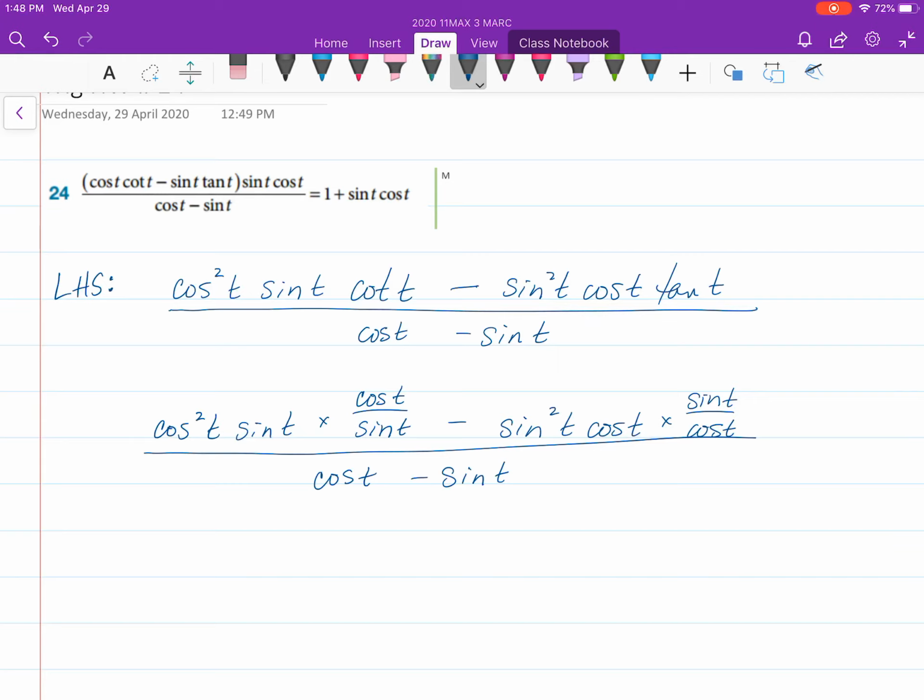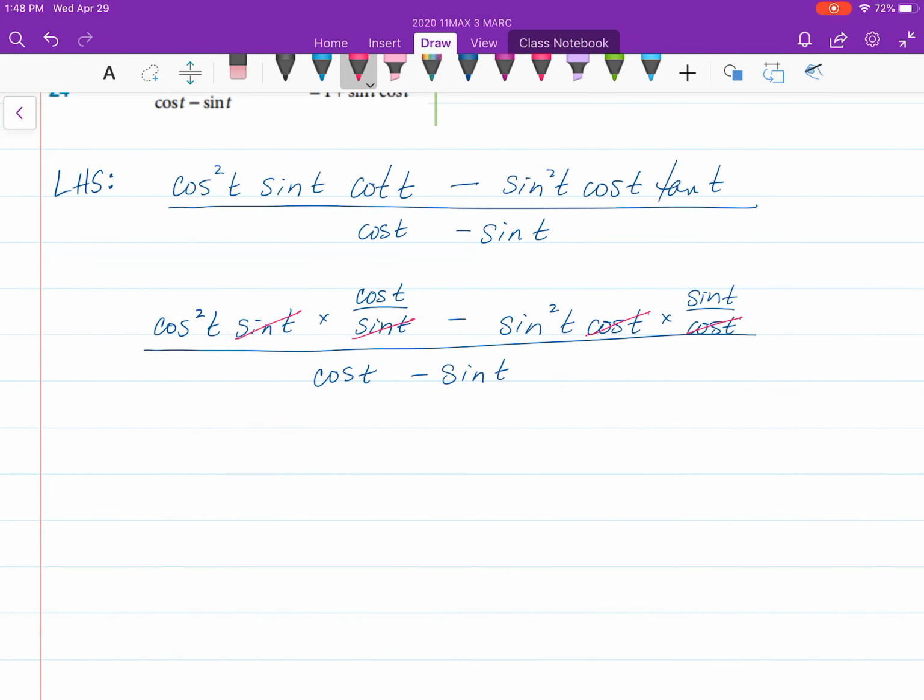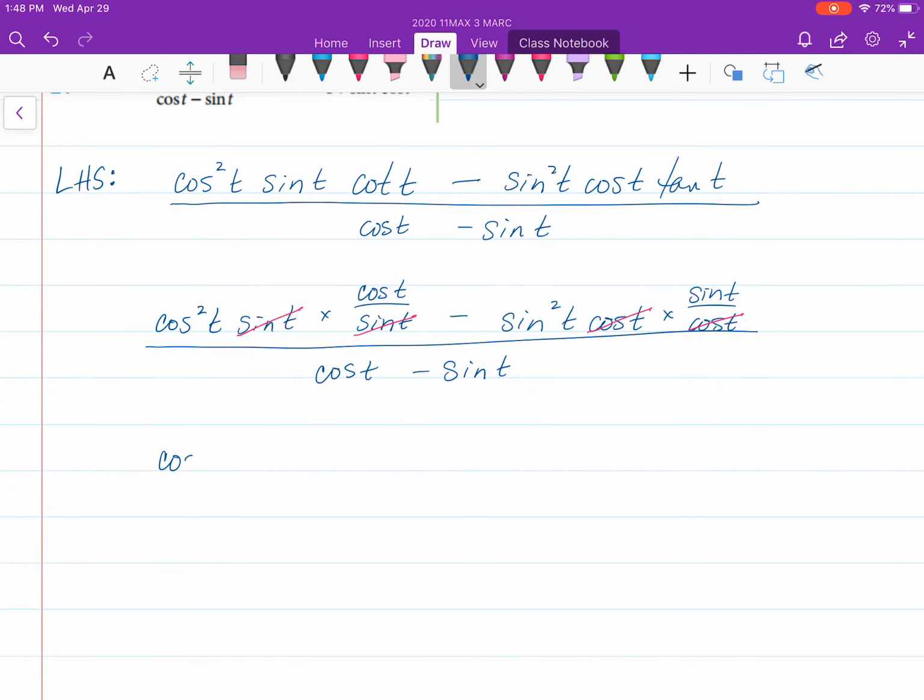And what you can see at this point now is these fractions, that sine in that denominator is going to cancel with that sine. This cosine in that denominator there is going to cancel with that cosine. So what that leaves me on the top is cosine squared times cosine, so cosine cubed t, minus sine squared times sine, which is sine cubed t.